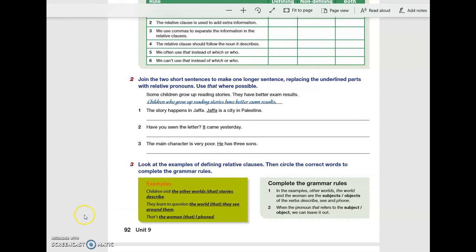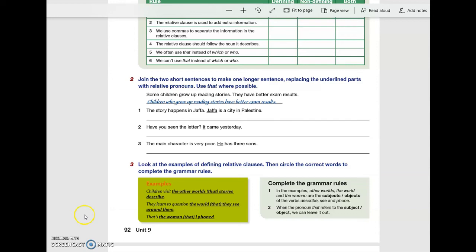Children visit the other worlds that the stories describe. Children visit the other worlds. The other worlds is the object, and that refers to the object. They learn to question the world. The world is the object that they see, and that refers to the world.